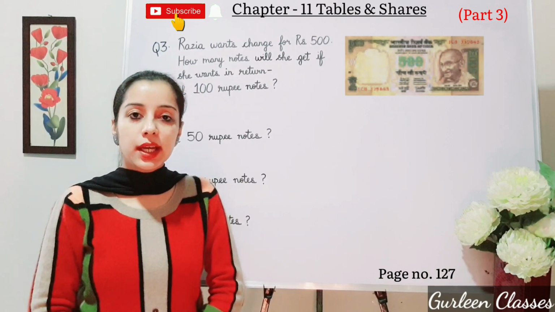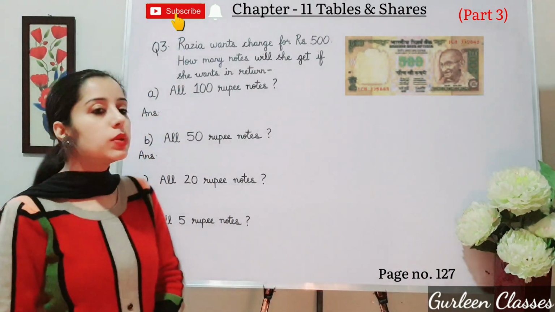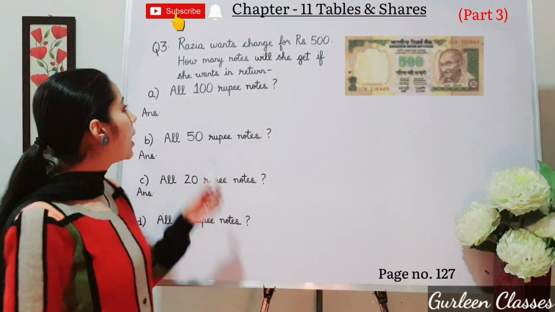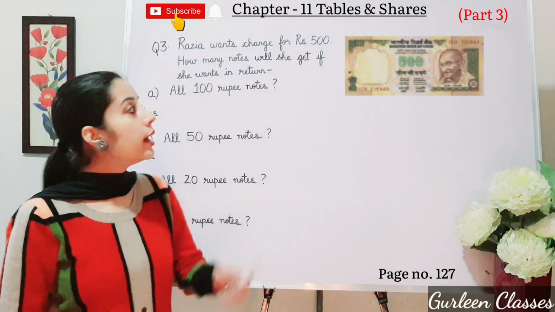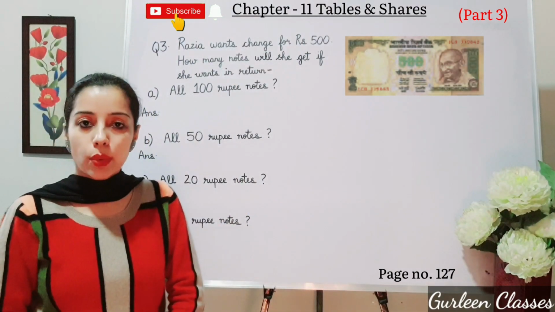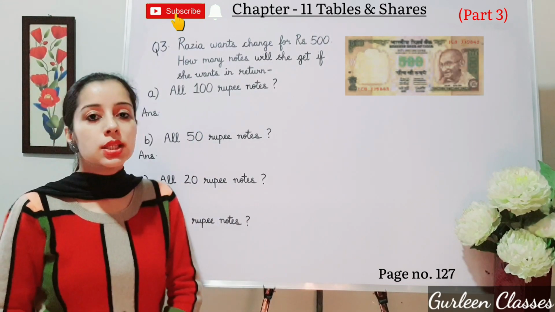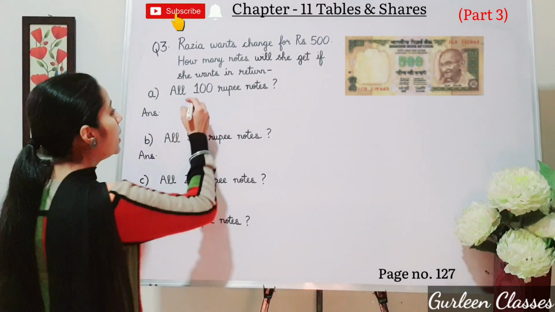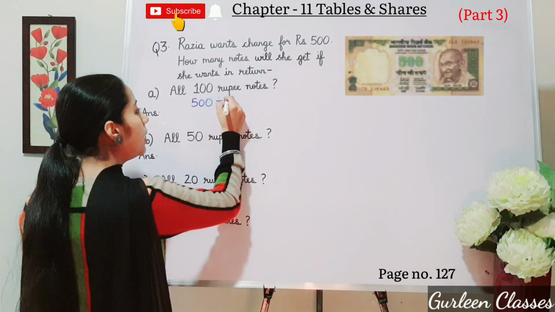Question number 3. Razia wants a change for rupees 500. How many notes will she get if she wants in return A part, all 100 rupee notes? So Razia is having rupees 500 note and now she wants all 100 rupee notes. So we will divide 500 by 100.